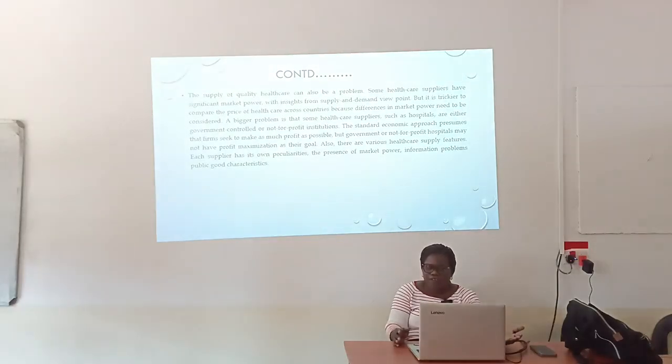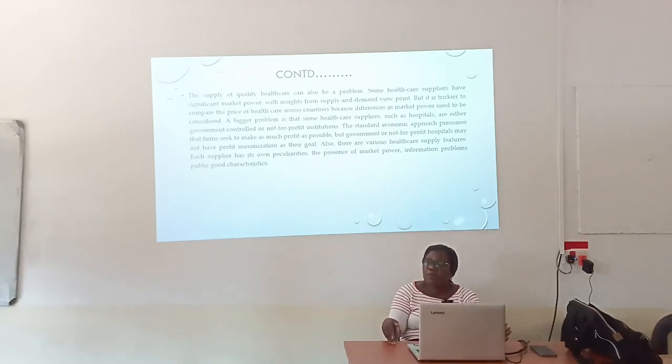So, including healthcare, normally some healthcare suppliers do indeed have significant market power from a supply and demand viewpoint, but it is trickier to compare prices of healthcare across countries, right?